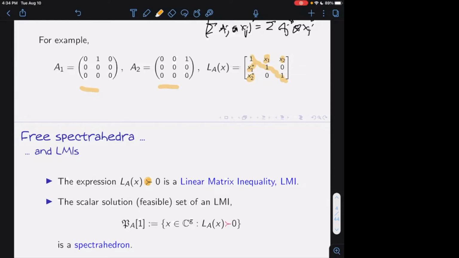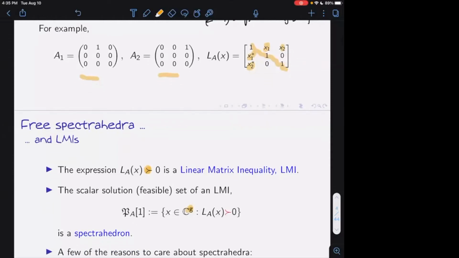The place maybe to start is where you take your tuple X to be a tuple of 1-by-1 matrices. So that's just a g-tuple of complex numbers. And we'll look at those X for which this monic linear pencil is positive, those X for which L_A(X) is actually positive definite.